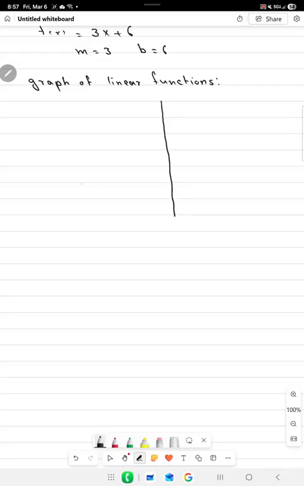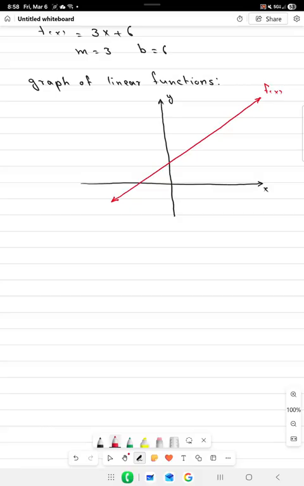Correct? If I just draw one example of it, this is the x-axis, this is the y-axis, and I'll draw this line and name it f of x. This will be the graph of a linear function, which is a line.